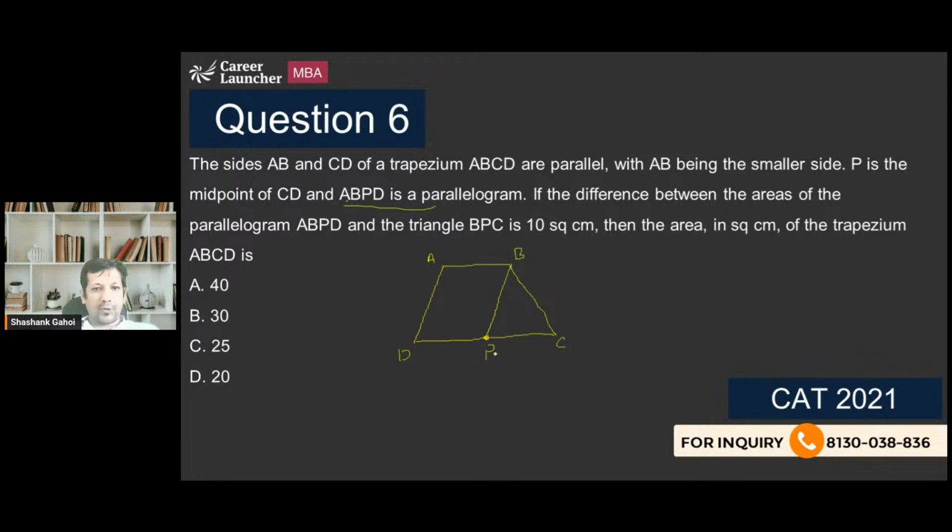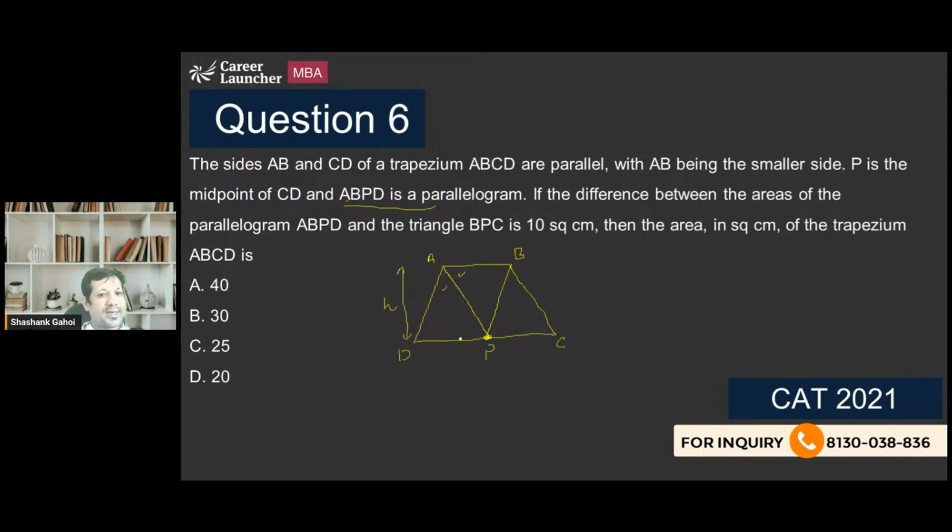ABPD is a parallelogram. By the property of a parallelogram, if I draw the diagonal, it is going to divide ABPD into two triangles of equal area. Now P is the midpoint. If I look for the height, let's say the height is h. For APD the height is h, for BPC the height is also h.